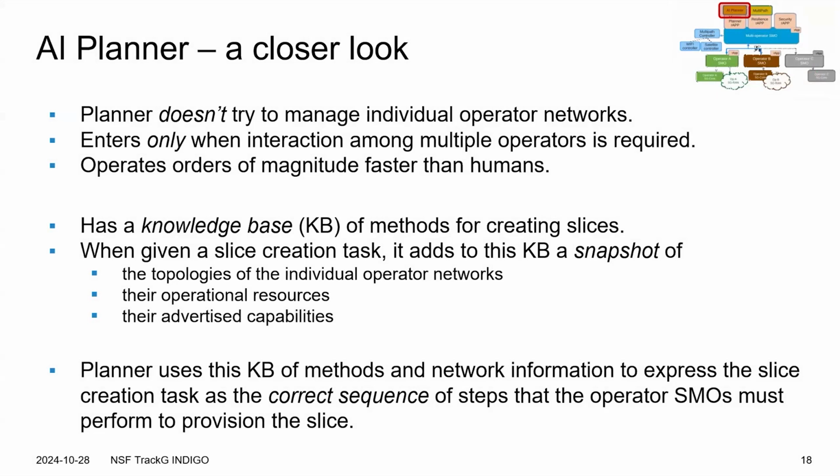The planner comes into play only when there is something that involves multiple networks. And of course, one of the main points of the planner is that it's much, much faster than a human being trying to coordinate all these activities.